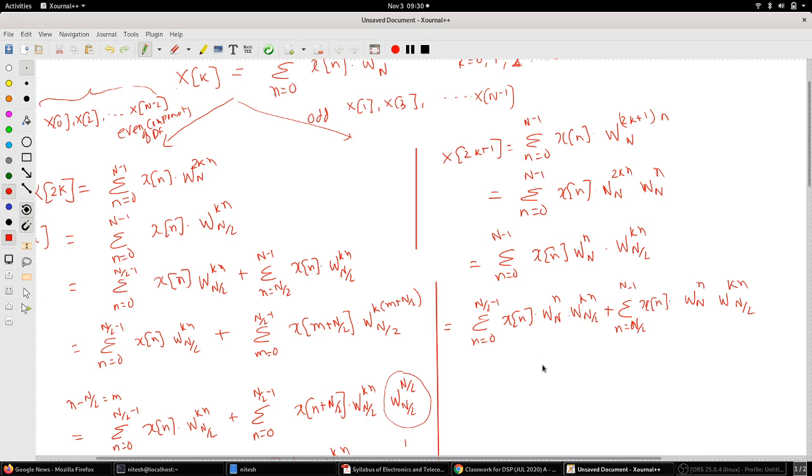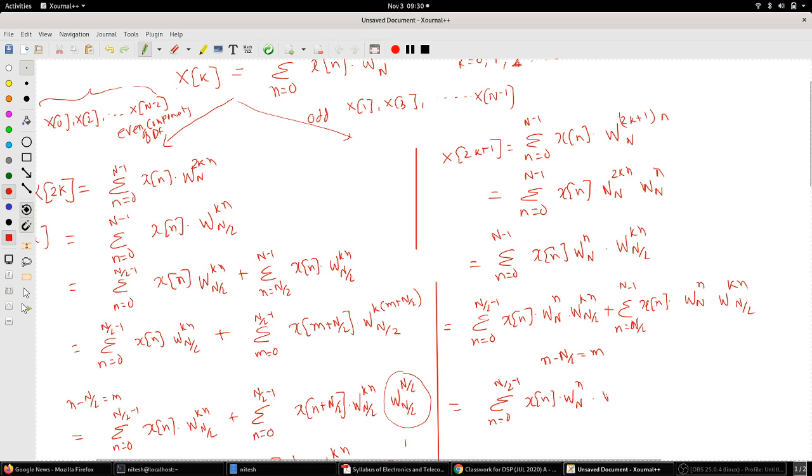Yeah, so now again the same funda, m minus n by 2 is equal to m. So once I put it here, summation n equal to 0 to n by 2 minus 1 x of n into w n of n into w kn of n by 2 plus summation m equal to 0 to n by 2 minus 1.